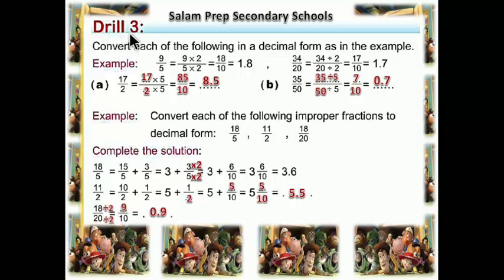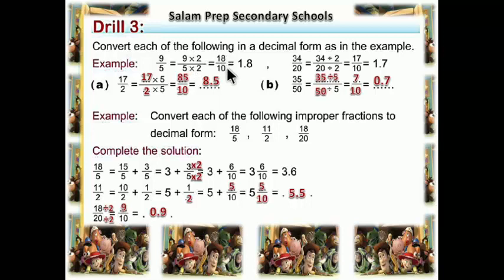Drill 3. Convert each of the following into decimal form as in the example. Example: 9/5. This is an improper fraction. We need to convert the denominator 5 to 10. So 5 times 2 equals 10. 9 times 2 equals 18. 18/10.